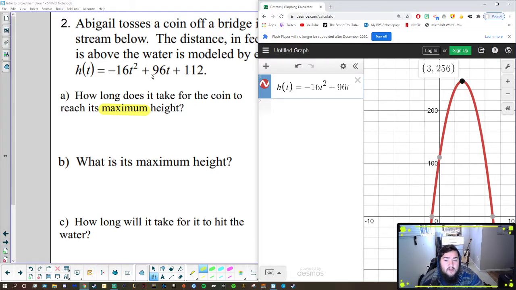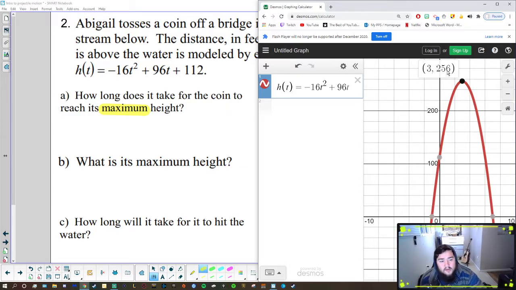Well, if I look at my function, this is the function h of t, where h represents the height and t represents time. Since t is the variable inside of our function, that's our x-axis. So our x values are all times. Our h, or our y, is all of our heights.